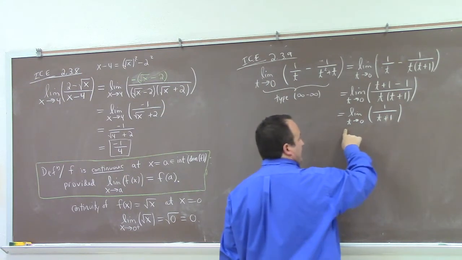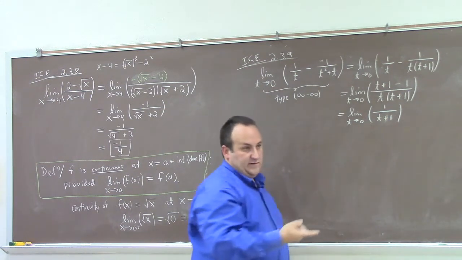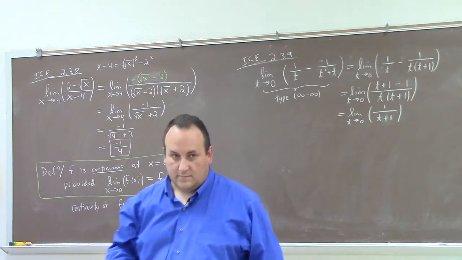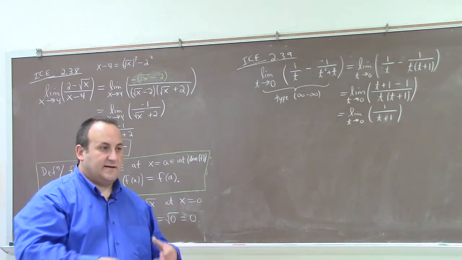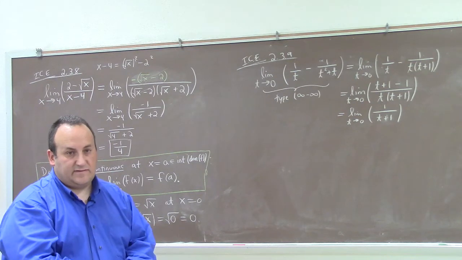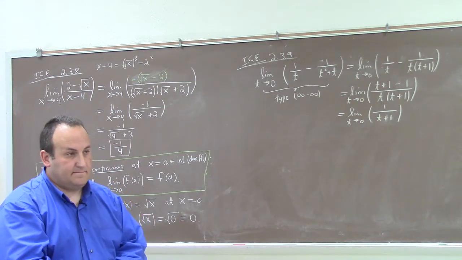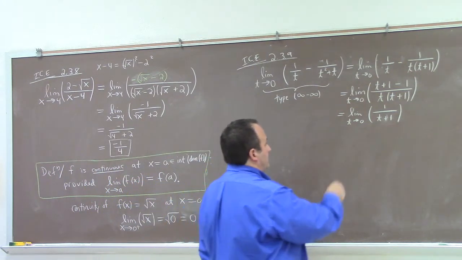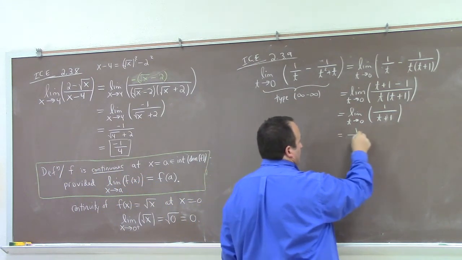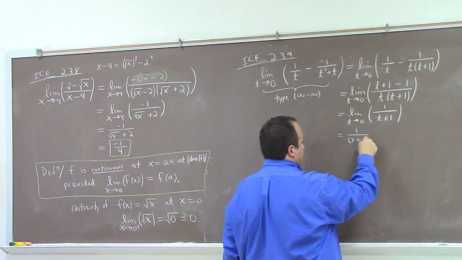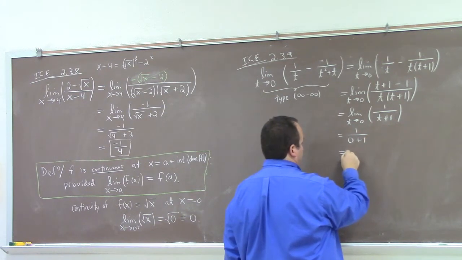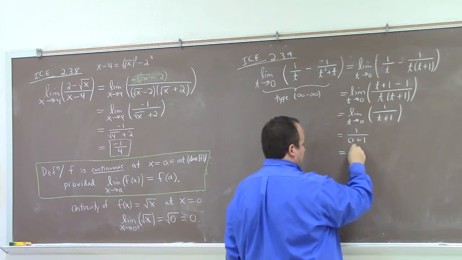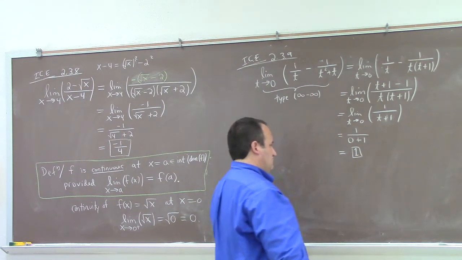This now is a continuous expression in t, in the sense that I can plug t equals 0 into it and it's well defined. Right? 1 over 0 plus 1, what is that? That's 1, right? So if anybody asks you what's infinity minus infinity, you should tell them 1.